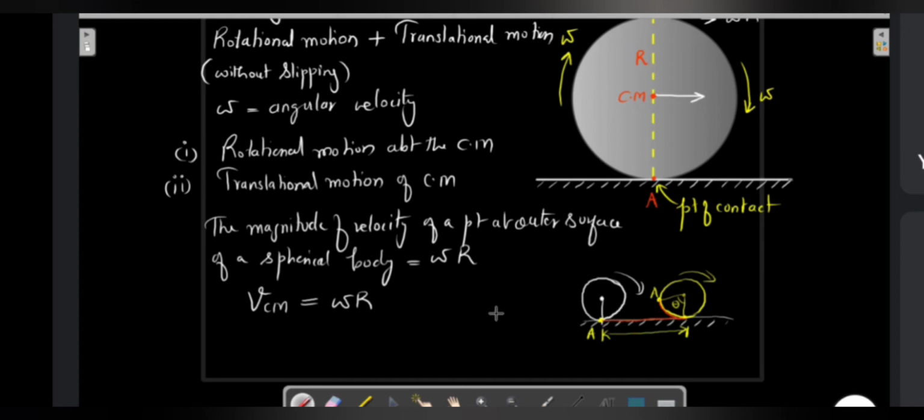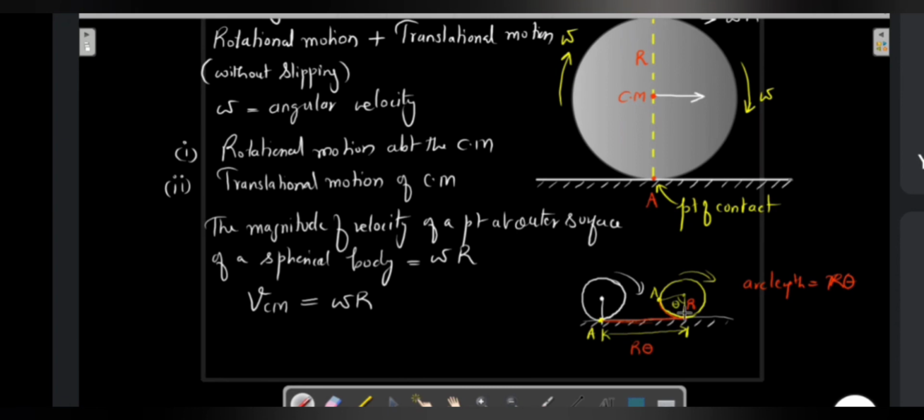It doesn't look like that in the figure, but this arc length that has been traveled will be the same as the horizontal distance covered over here. And how much is going to be the arc length? Supposing the radius of this wheel is r, then the arc length is going to be r, that is radius, multiplied by theta. Right? So this distance is going to be r multiplied by theta.